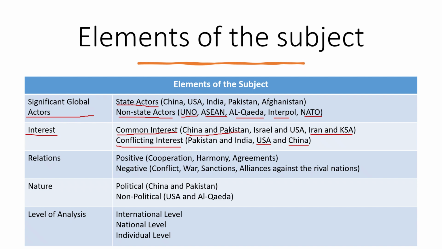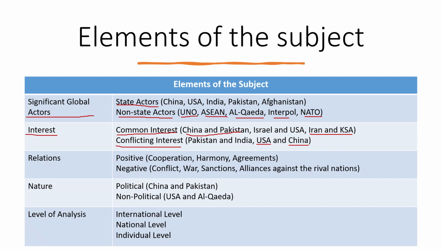China and Pakistan have common interests, and on the basis of these common interests, they have developed positive relations. They are cooperating with each other. They have harmony. They are reaching different agreements, economic agreements, trade agreements. A question can arise in anybody's mind: why do states make relations among themselves?